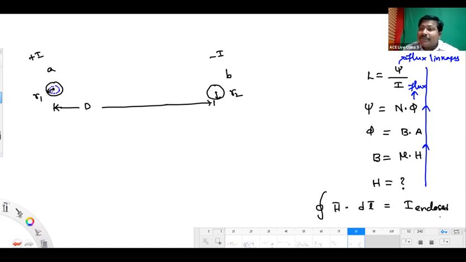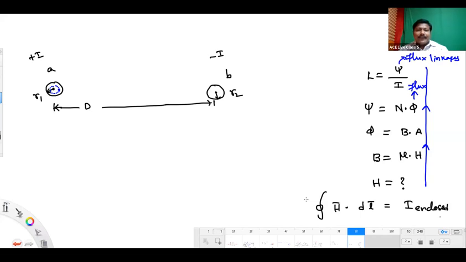To calculate the H value on this circle, we should check how much current was enclosed. Is it current I, less than I, or more than I? Anybody please tell me. Inside that blue color circle I have shown there, is the enclosed current less than I, more than I, or equal to I?